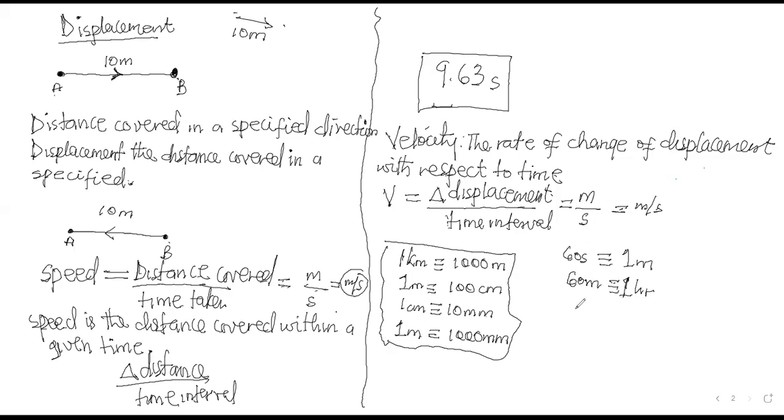Then 3,600 seconds is also equivalent to 1 hour. So note this carefully, because I'll be giving you problems and would even give you the time in days and weeks and even months, and we shall see where the power lies. Is that okay?